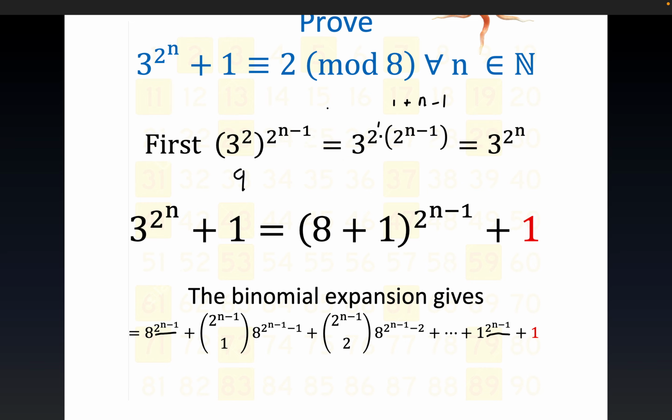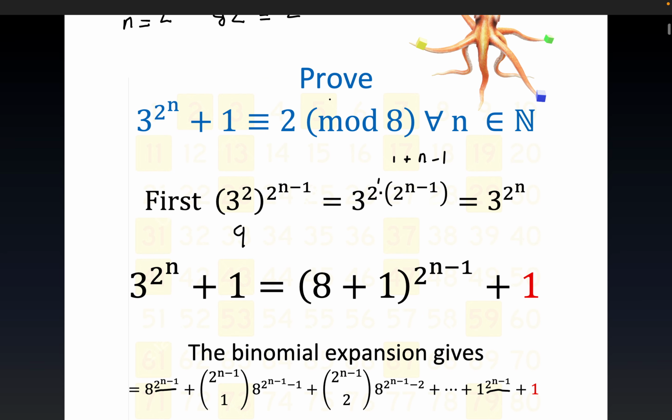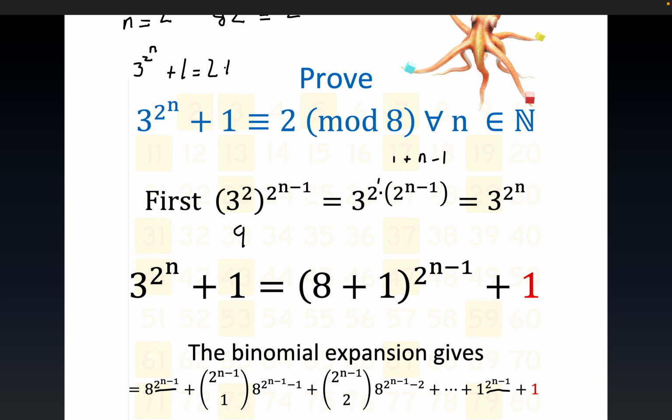And remember, we are trying to show, just to make sure I'm making sense, this is the same thing as saying 3 to the 2 to the n plus 1 is equal to 2 plus some multiple of 8. We'll just call it k. Have we used k yet? This statement and this statement are absolutely equivalent, okay?